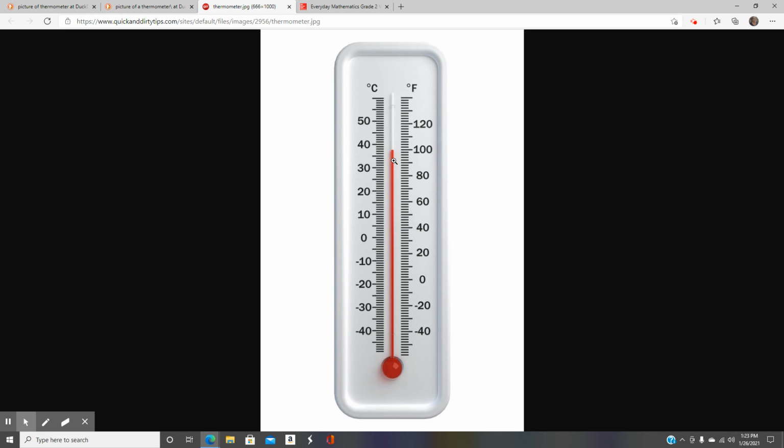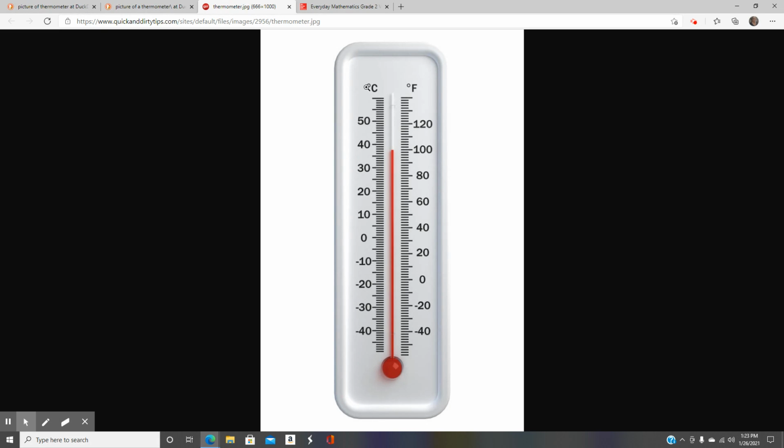You'll also notice on each side of the thermometer, there is a degree sign. This little tiny O next to the letter C is a symbol that means degrees. The C is an abbreviation for Celsius, which is one unit of measurement that we use to measure temperature.